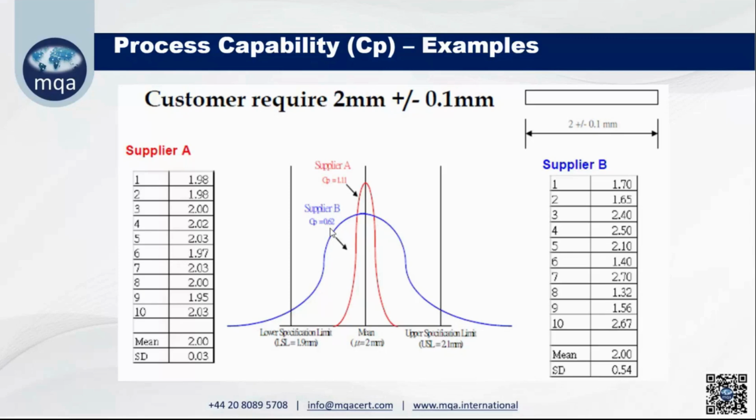When the CP of the supplier is 0.62, it means the width is more. And when it is supplier A, the width is less.